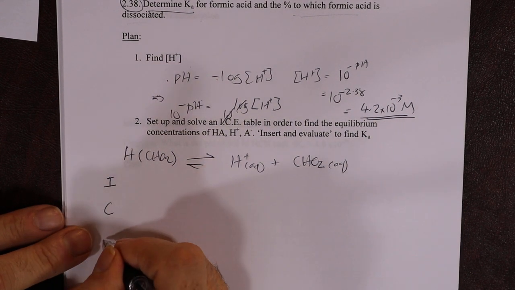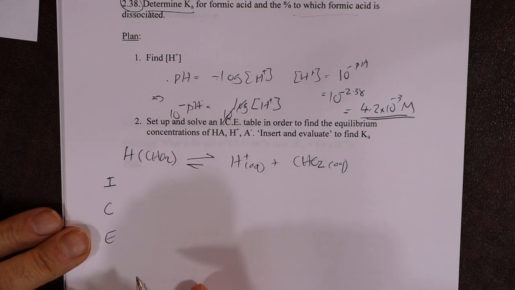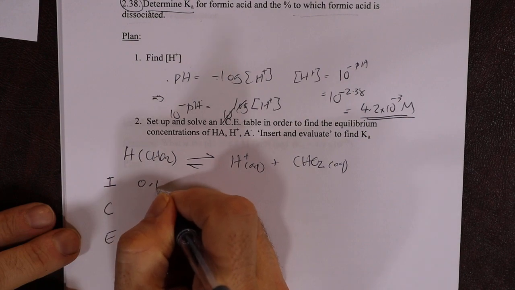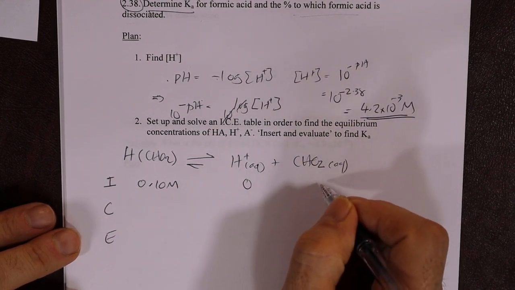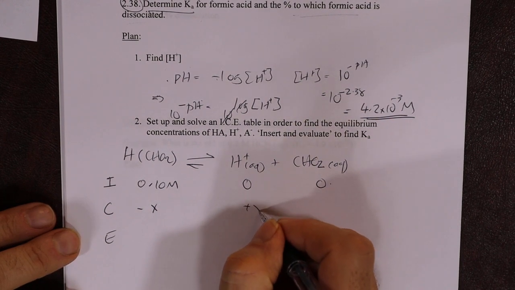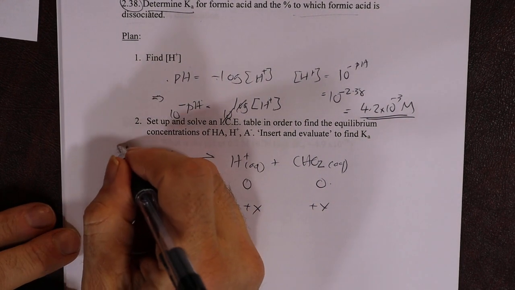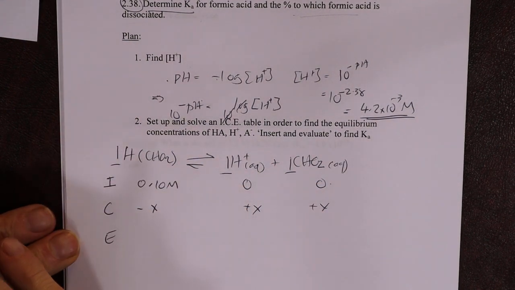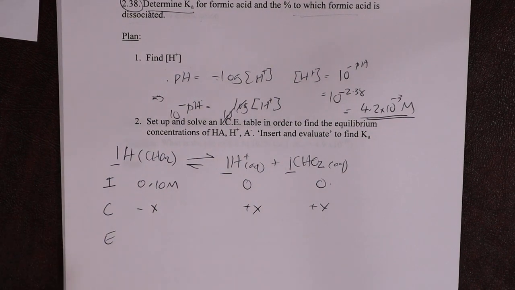I, C, E. Initial: 0.10, 0, 0. We don't know how much it loses, but it's minus x, plus x, plus x. It's in a 1 to 1 to 1 ratio.